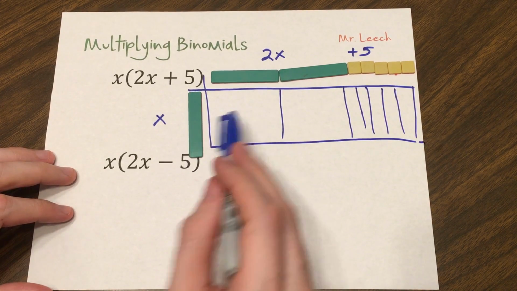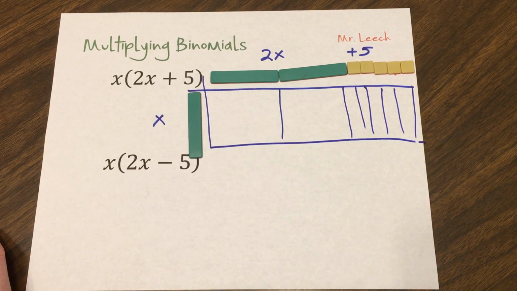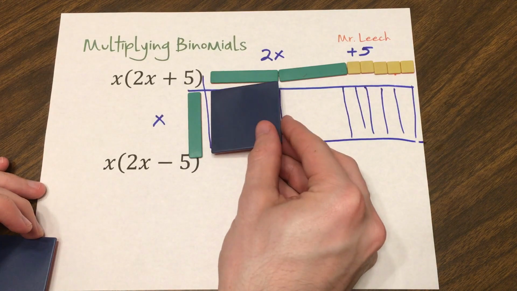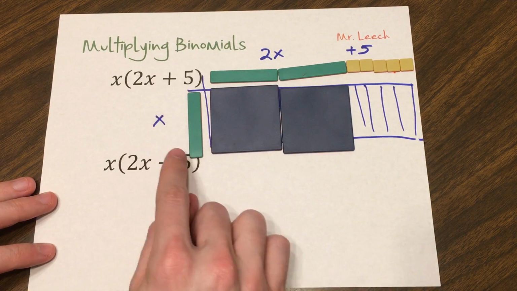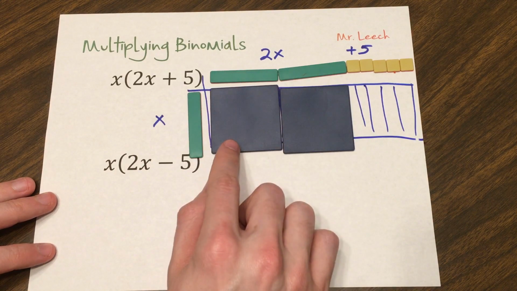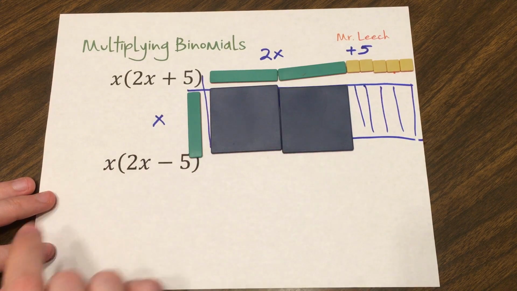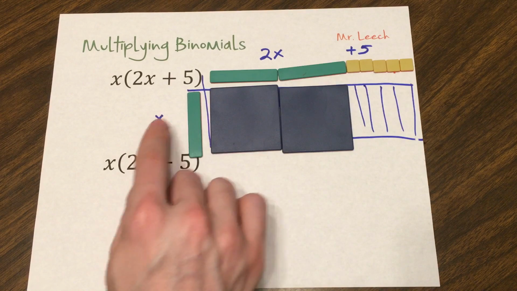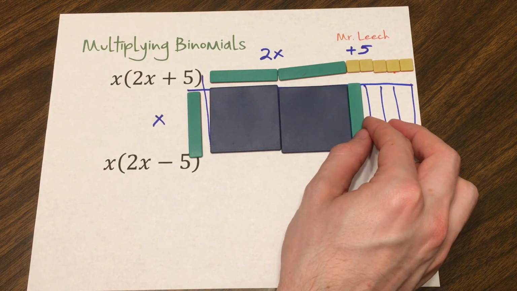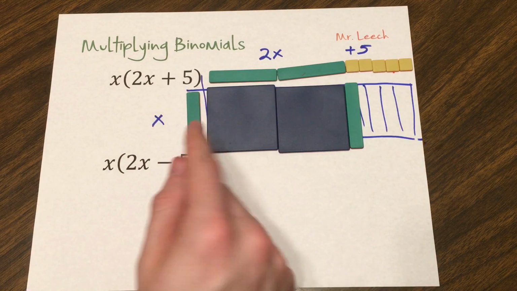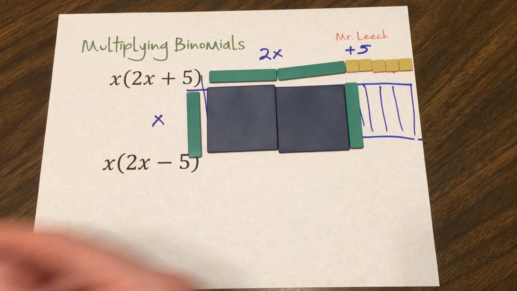So what goes here? Well, what's x times x? That's x squared. What's x times x? It's another x squared. Or another way of asking this, what is x times 2x? This is 2x squared. Well, what is x times 5? That's going to be 5x. But you can also ask yourself in a slower process, what is x times 1? 1x.